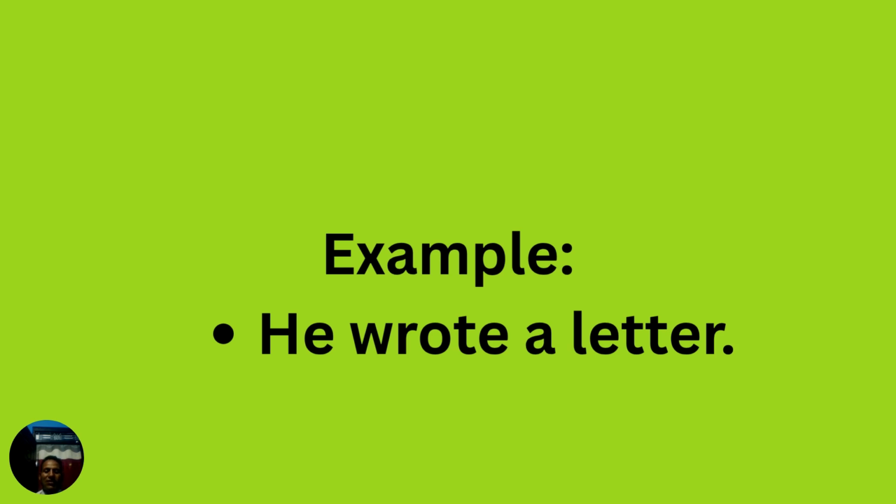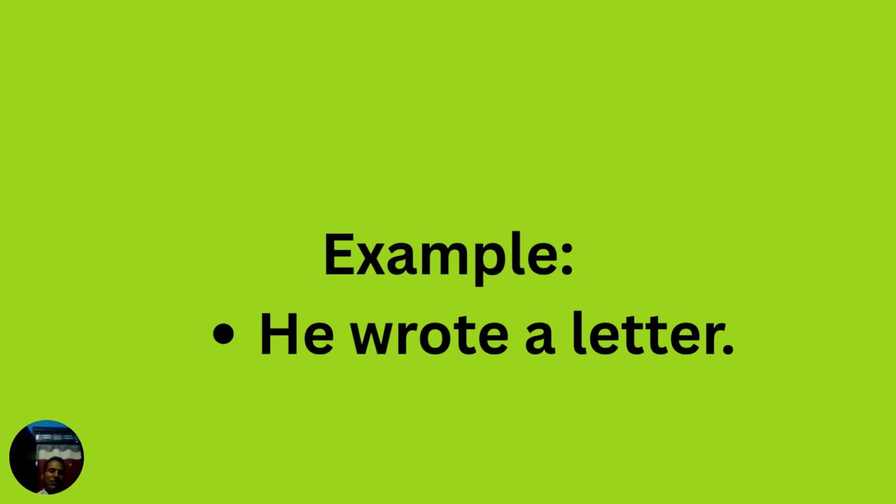It is very easy to identify an object because if we add what and whom, we can get its answer. For example, he wrote what? A letter. So in this sentence, a letter is an object and it is a transitive verb.